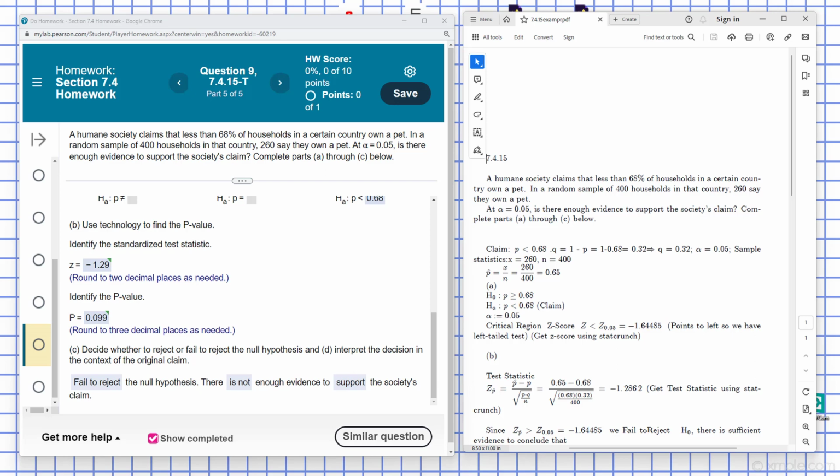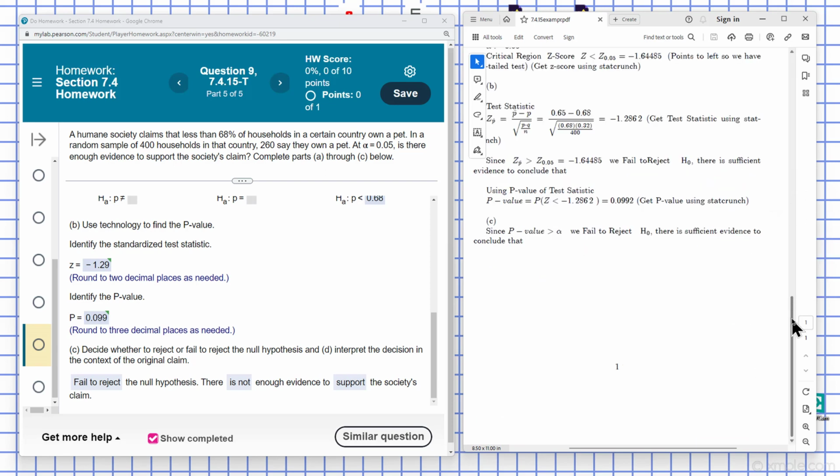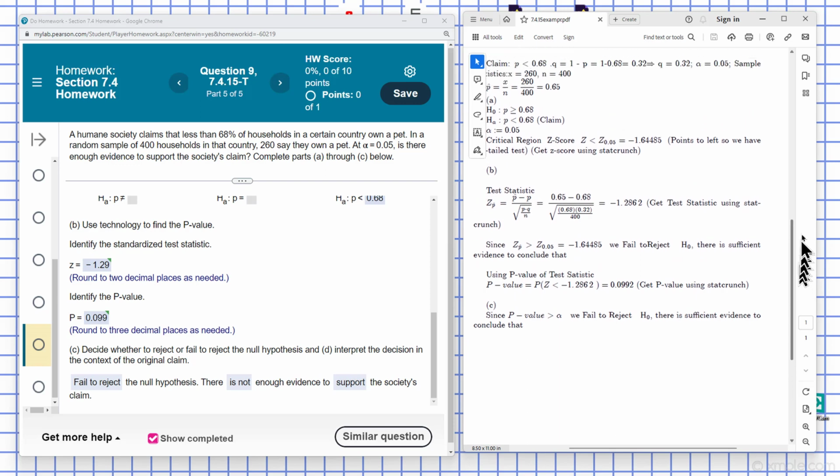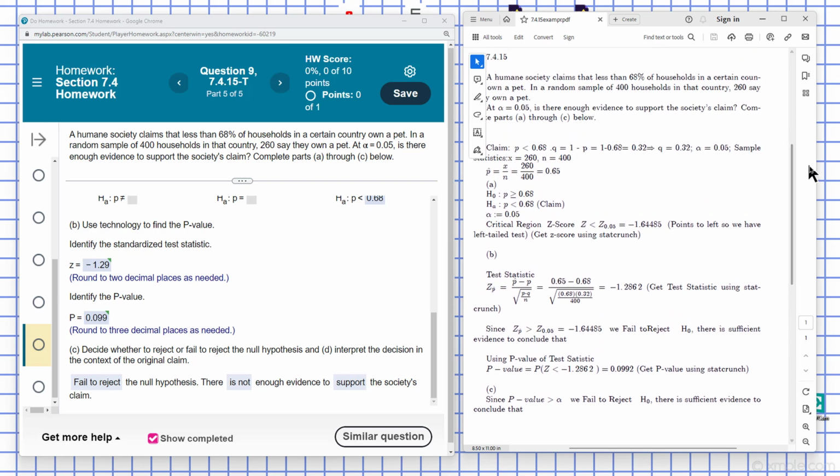And over here, I have my critical region z-score. Comparing the z-scores here, the critical value, and then I have my test statistic.